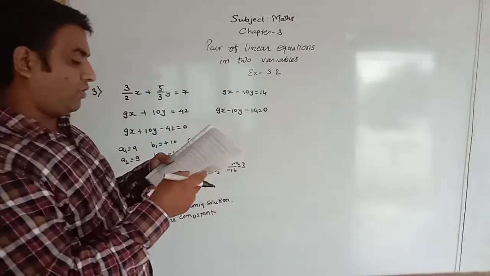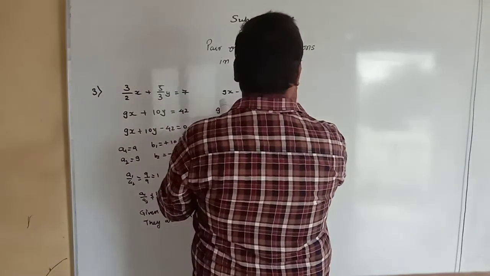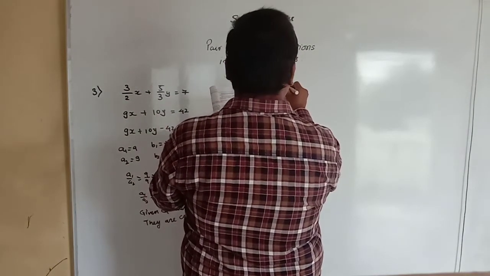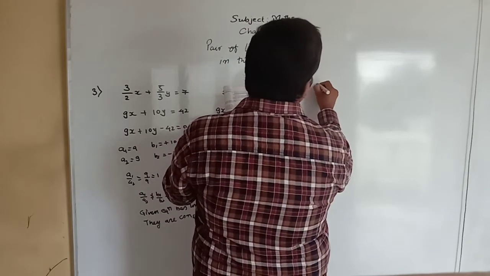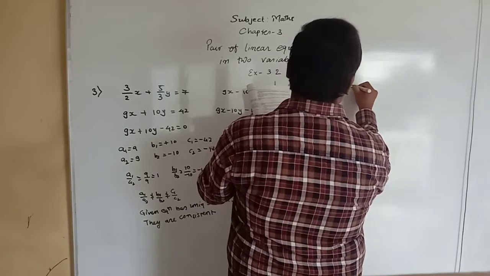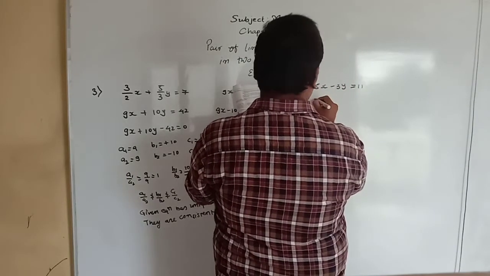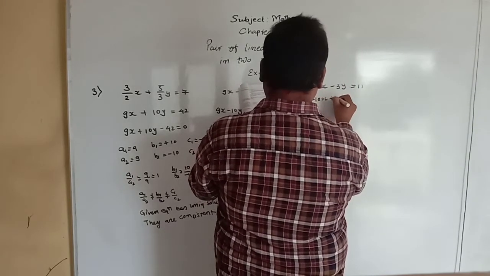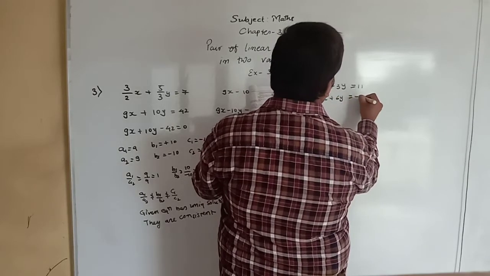Now question 4 is given: 5x minus 3y equals 11 and minus 10x plus 6y equals minus 22.